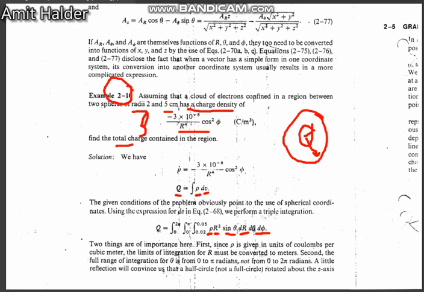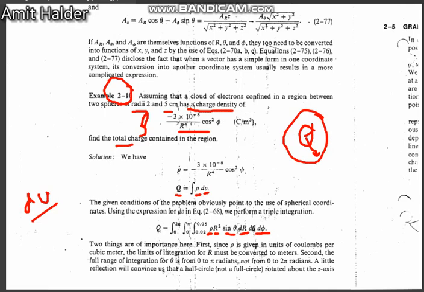First of all, dV in spherical coordinate system: we have to know the properties, that is dr, r d theta, and r sine theta d phi. So from dV to this we have to find the line vector.